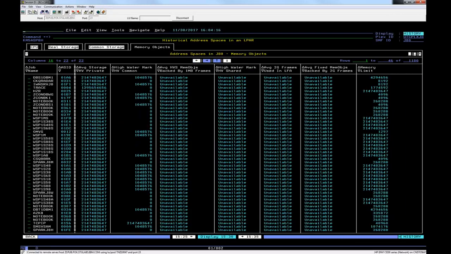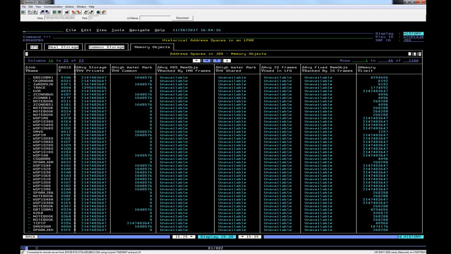Oh, sorry, I went the wrong way. So here we see these are showing up as unavailable because this system is not supporting 2 gigabyte frames right now. But in fact, this system does support 2 gigabyte frames.